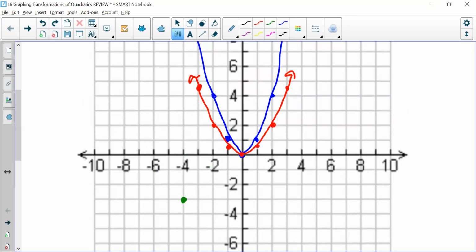Looking at my vertex, I'm going over 1 on each side and just up a half. Then I'm going over 2, up 2 from there. So over 2, up 2.